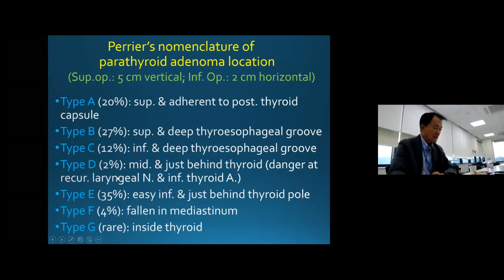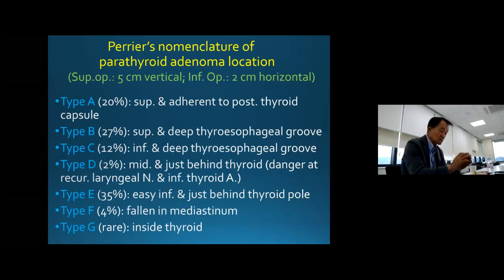And then F is the fallen, the ectopic parathyroid. That's usually in the upper mediastinum. Sometimes it's high, even down to the hilar area. And rarely inside the thyroid. There's no way we can separate a thyroid adenoma from a parathyroid adenoma on any imaging.